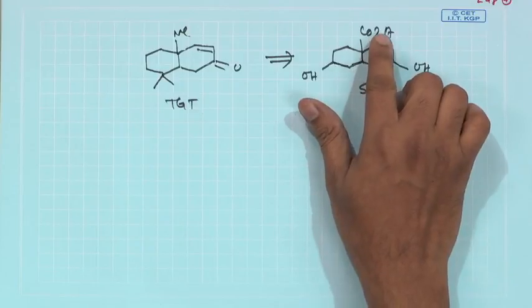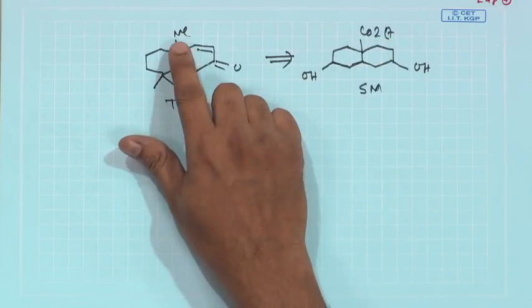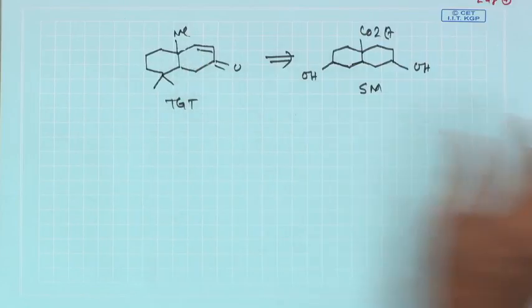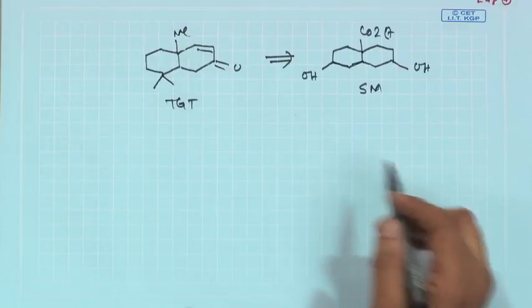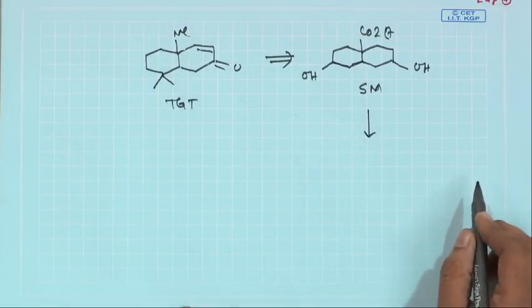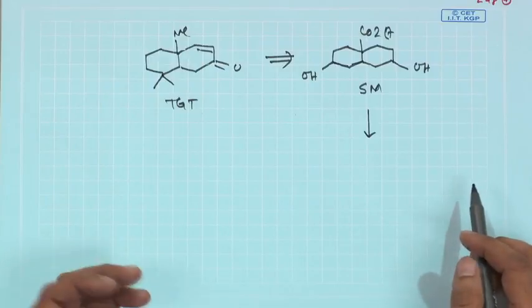This CO2 group needs to be converted to the corresponding methyl. You also need to bring an alpha beta unsaturated carbonyl functionality.